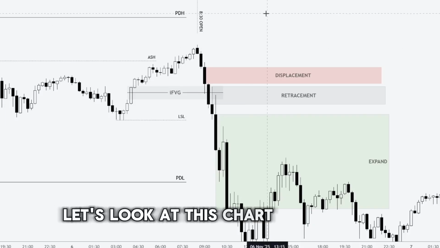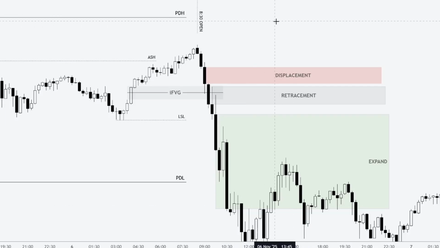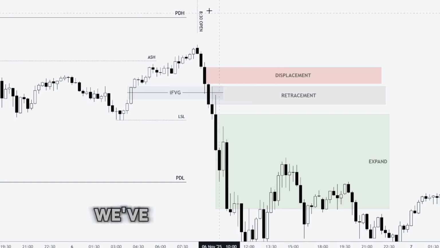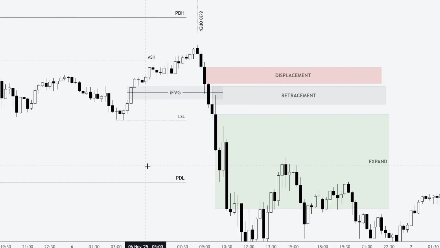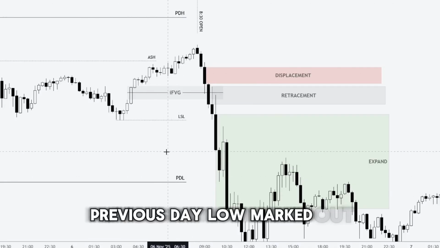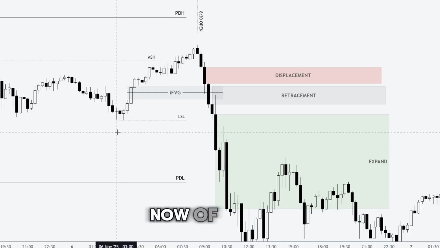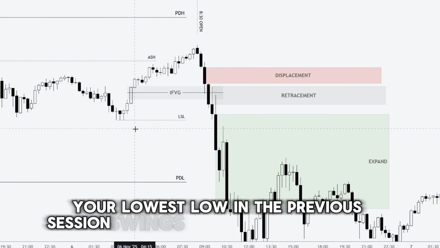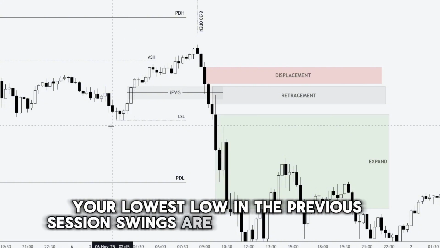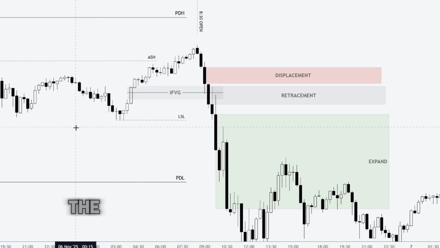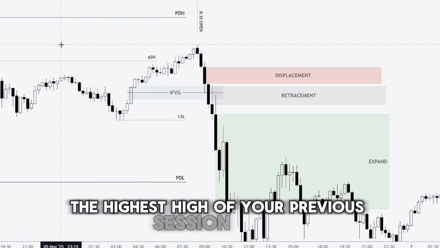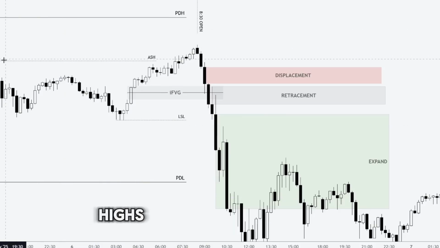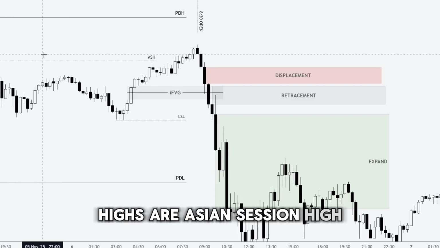Let's look at this chart on this day. We've got previous day high, previous day low marked out. Now, of interest, your lowest low in the previous session swings is the London session low, and the highest high of the previous session swing highs is the Asian session high.